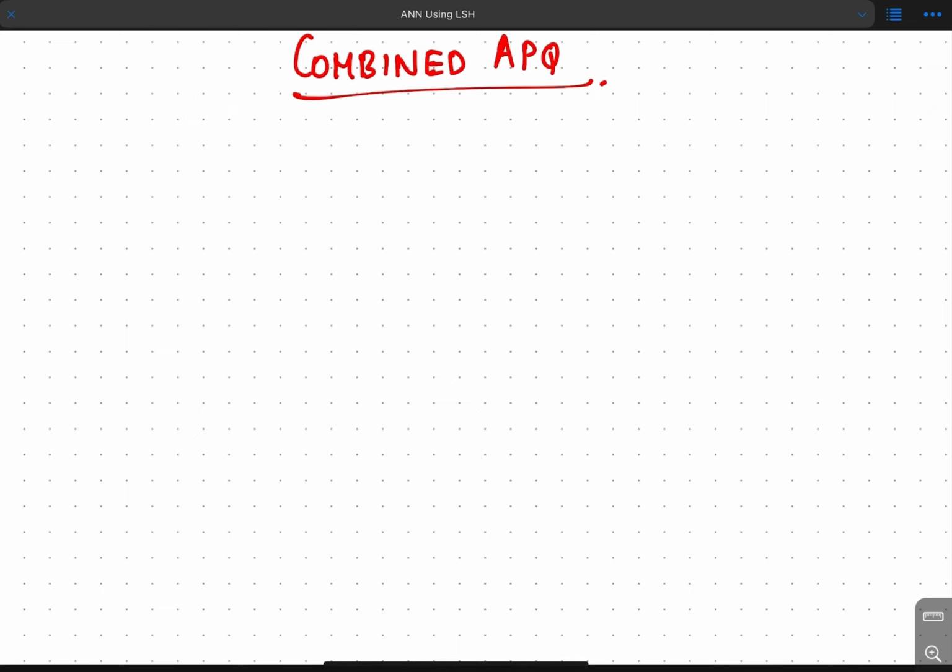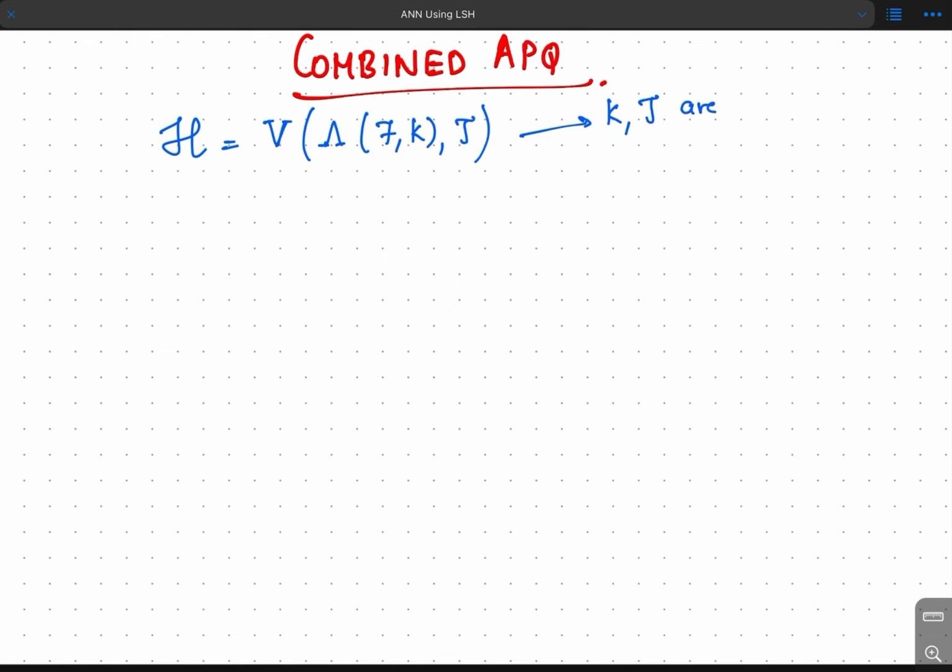Okay, so basically the hash family that we will be dealing with is R of f comma k comma tau. So we haven't said what k and tau are, but for now let's consider them as unknowns. Their values will be fixed later.